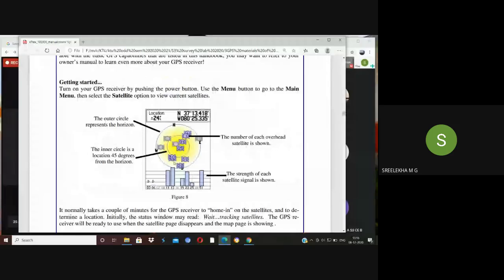Okay. So likewise, what is the error? It is already shown. This error is coming around plus or minus 24. It will vary according to the type of the GPS receiver. And on the top, you can see the latitude and longitude of that location. This latitude and longitude is the location of the first point that we are verifying. Further, we can continue with our survey with whatever points whose location details are to be collected.